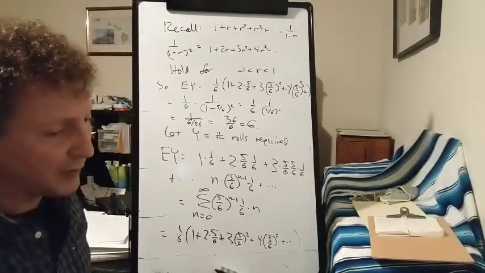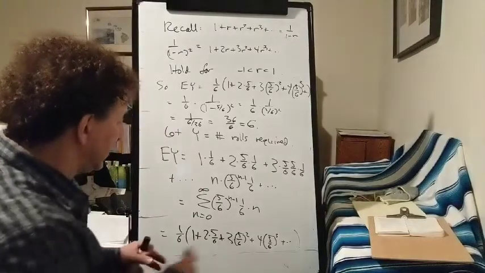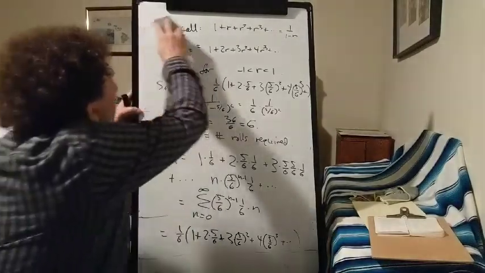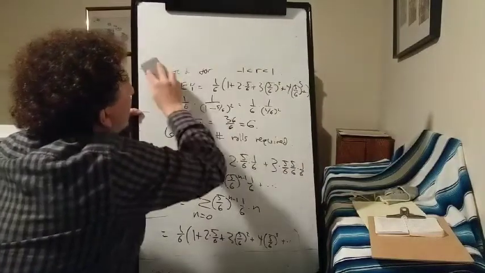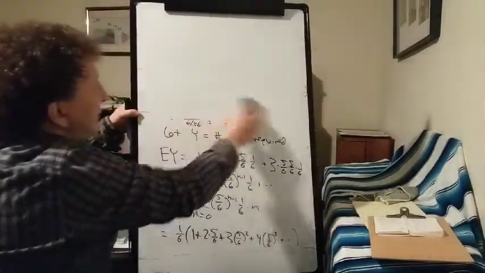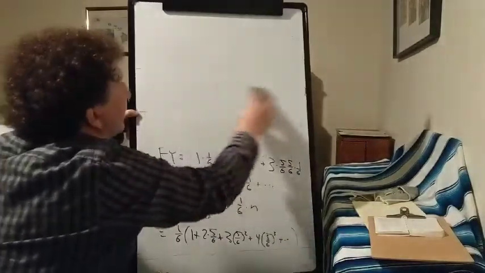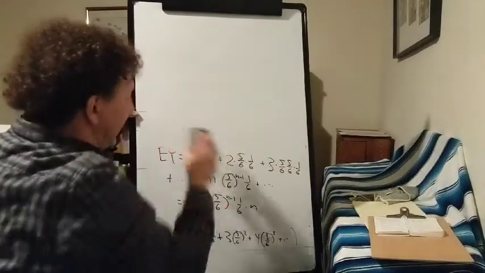Alright, now let's do a different example that doesn't involve toys like dice or coins. This one basically involves collecting data, and a lot of expected value is related to collecting data.